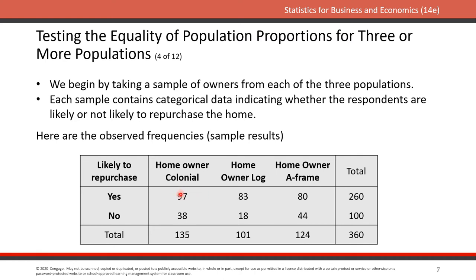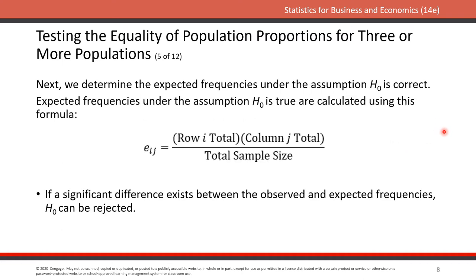And that's actually what this data would look like if we entered it raw. We'd have a whole bunch of rows in a spreadsheet, and in one column I'd have repurchase, and I'd see yeses or nos. Then in another column I'd have type of home, and there'd be log, colonial, A-frame, all the way down. And there would be 97 rows that looked identical. That is 97 rows that have a yes in the first column and a colonial in the second column.